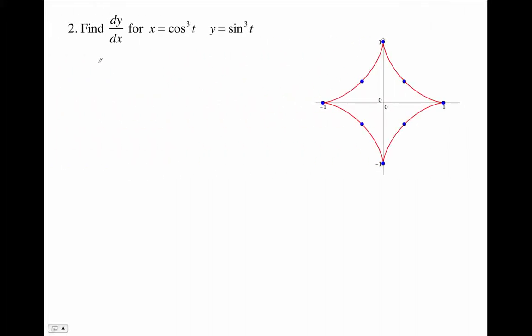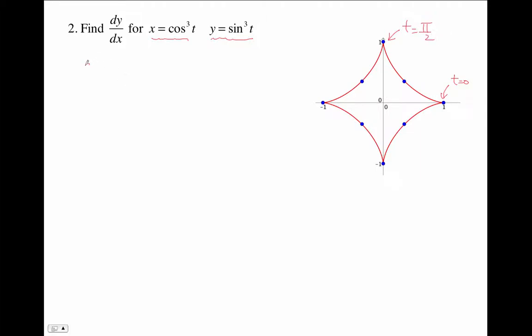As a second example, let's calculate the slope for the asteroid with x equals cosine cubed t, y equals sine cubed t. And remember that this over here is the point t equals 0. This is the point t equals pi by 2, and so forth.